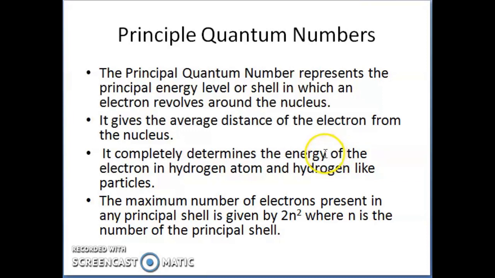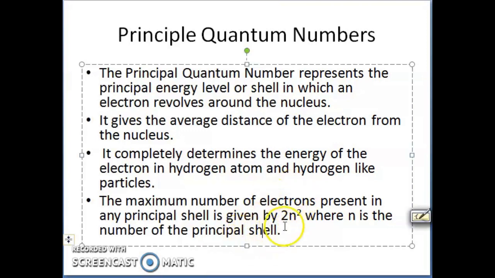Since it tells us the energy level or shell, we should know how to calculate the total number of electrons present in a particular shell, and the formula we use is 2n square, where n is the principal quantum number, or the number of the principal shell.